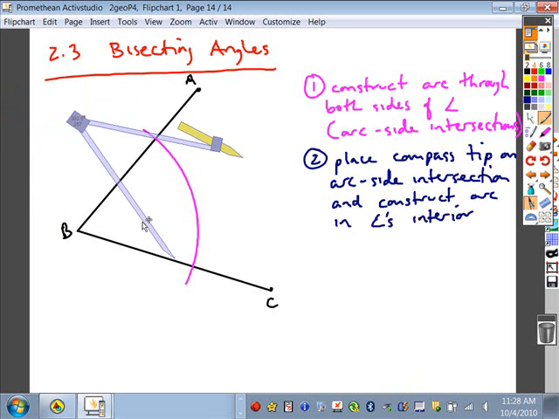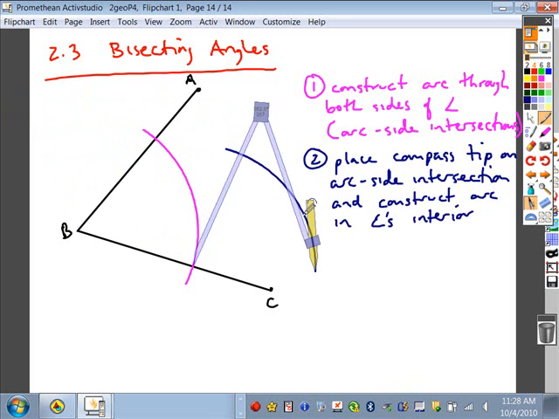Okay, so there's no reason to adjust your compass setting. You can just leave it exactly as it is. Okay. Construct an arc in the interior of your angle.